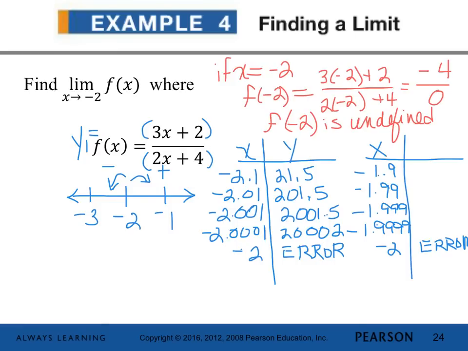And then similarly, beginning with -1.9, -1.99, -1.999, and -1.9999, my numbers looked like this for Y1. At -1.9, I had -18.5.